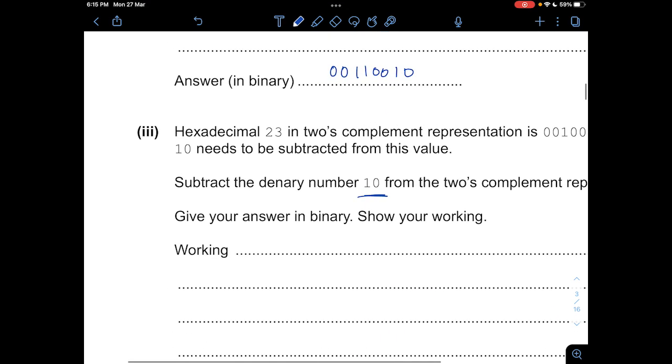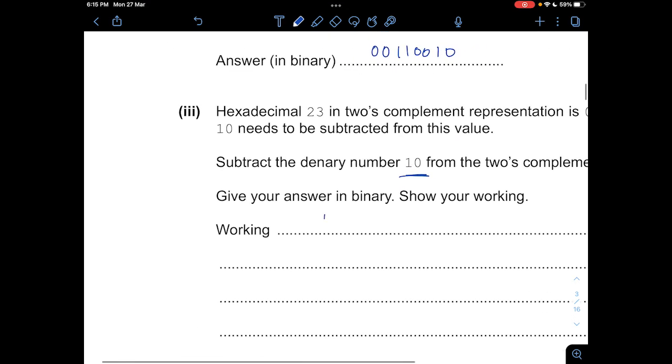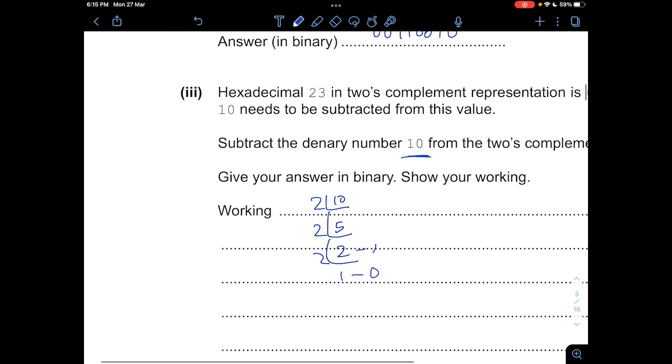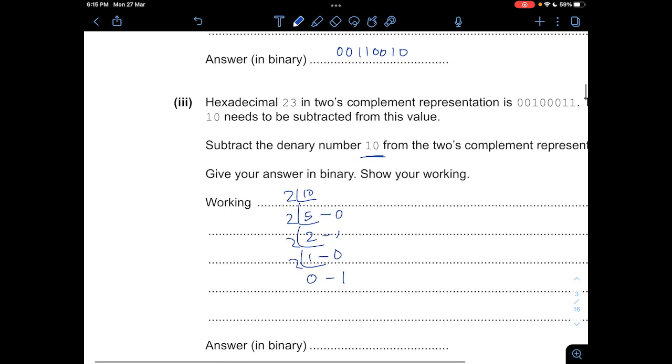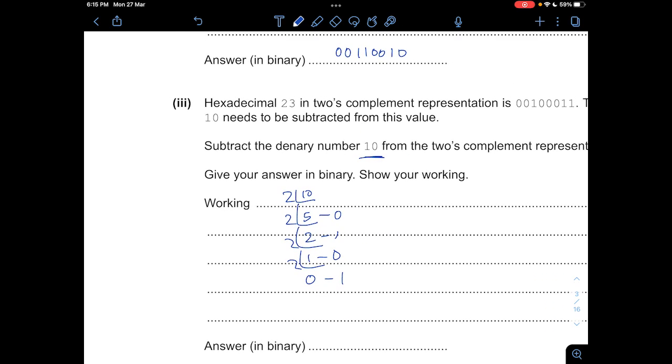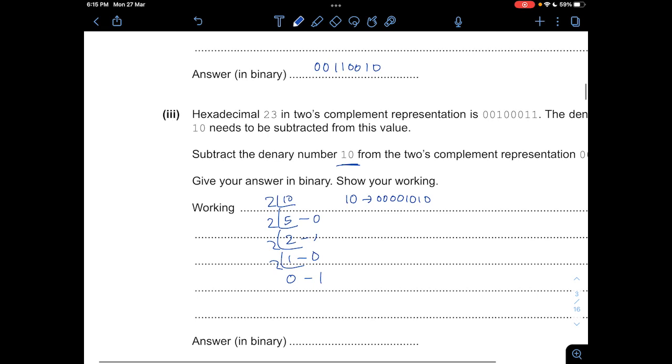So same thing, we just have to convert this one to binary. So this would be like such, and then you'll get 00001010.